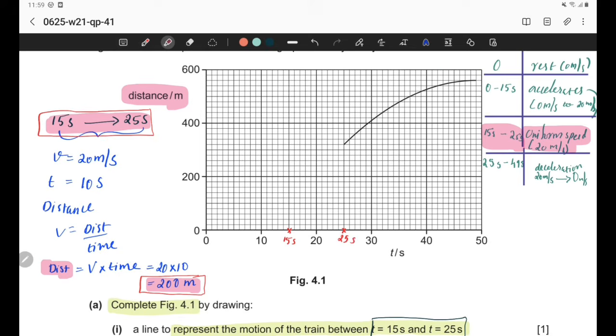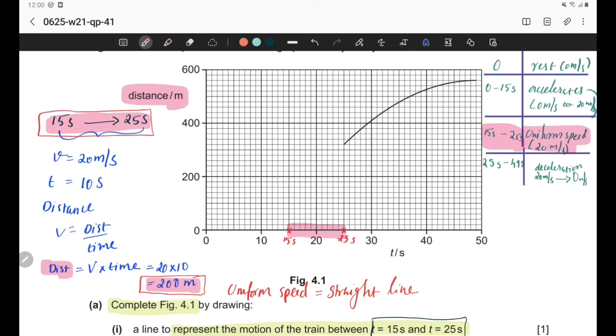So during this time interval, the train is moving with a uniform speed. Uniform speed means the distance time graph will be a straight line because the train is covering equal distance as its speed is constant. So it must be a straight line.